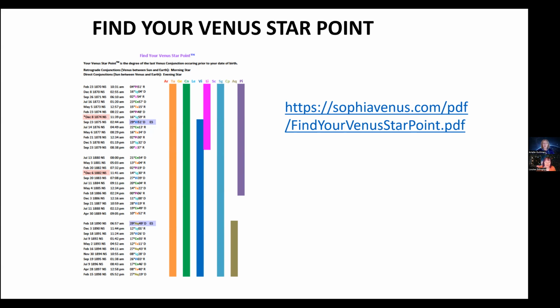So somewhere you're going to be born between the two. And the question is, do you go to the next one to get your star point, or the one before, or the closest one? Which means, do you measure out the number of days to the next one or the one before? And that's all very confusing.